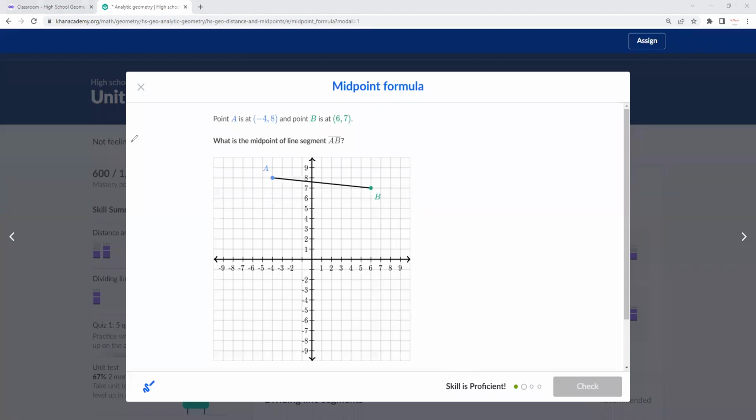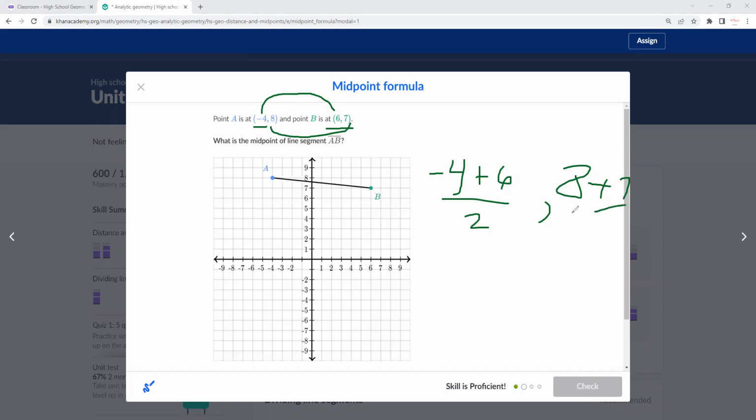Okay, now here we're going to be using the midpoint formula. So we have these 2 points. So we have -4. So let's add the x's together. -4 plus 6 over 2, comma. Let's add the y's. 8 plus 7 over 2. So this gets us 2 over 2, which is 1.